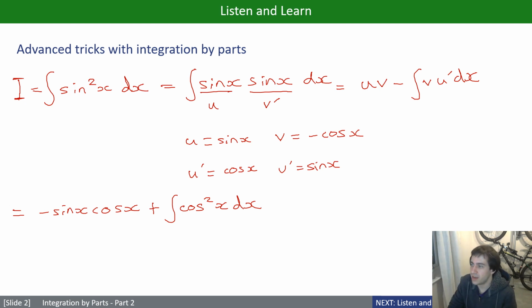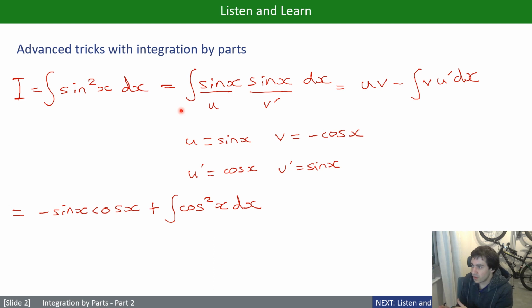Now we're going to start doing some clever stuff. We wanted to find the integral of sine squared, and now we've managed to turn it into some stuff here, plus the integral of cos squared. So it's like we've gone from one version of the problem, integrate sine squared, to another version of the problem, integrate cos squared, which is a bit annoying.